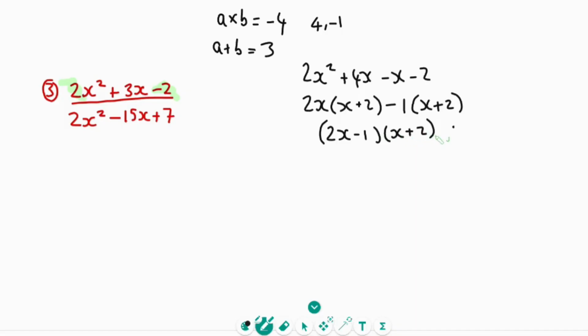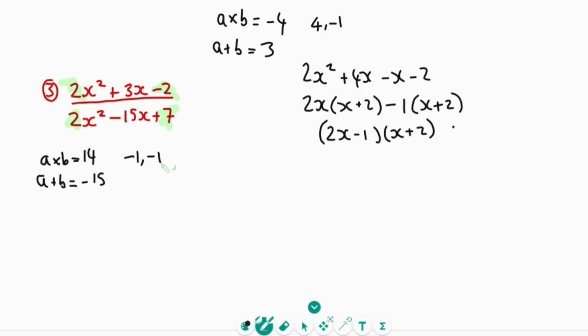Right, let me just split down the middle with the denominator. 2 times 7 is 14. So two numbers that multiply to get 14, add to get negative 15. They've both got to be negative, right?